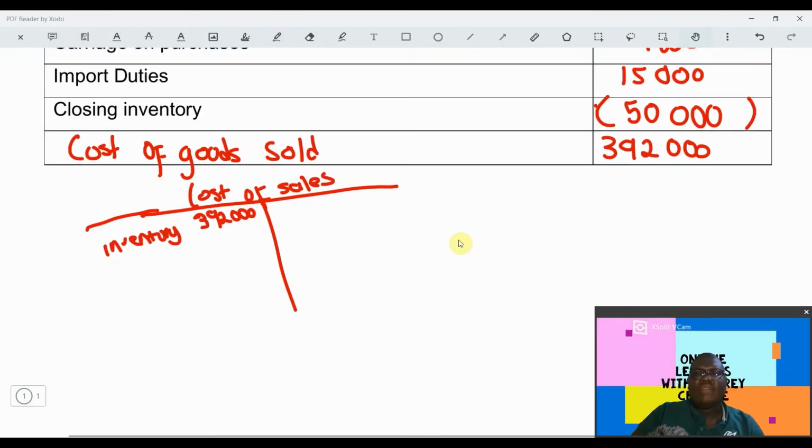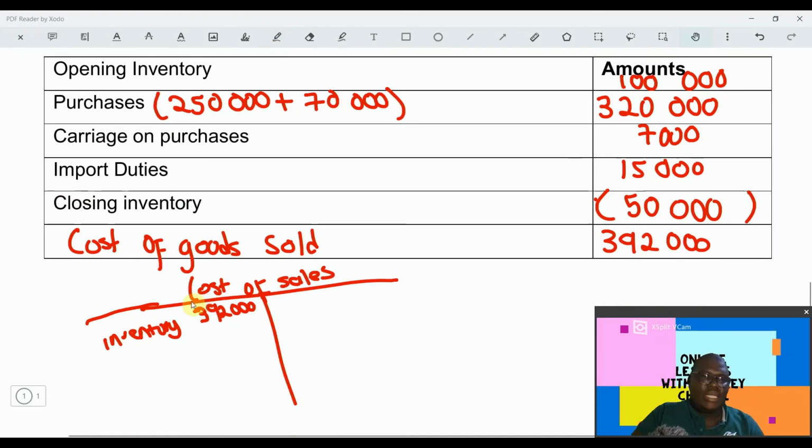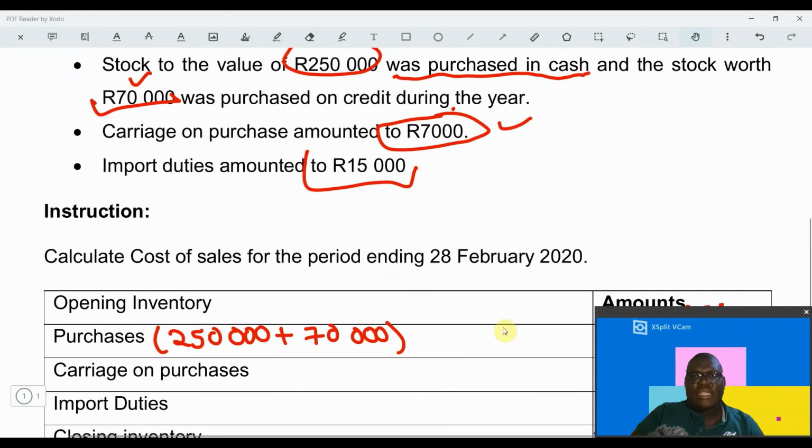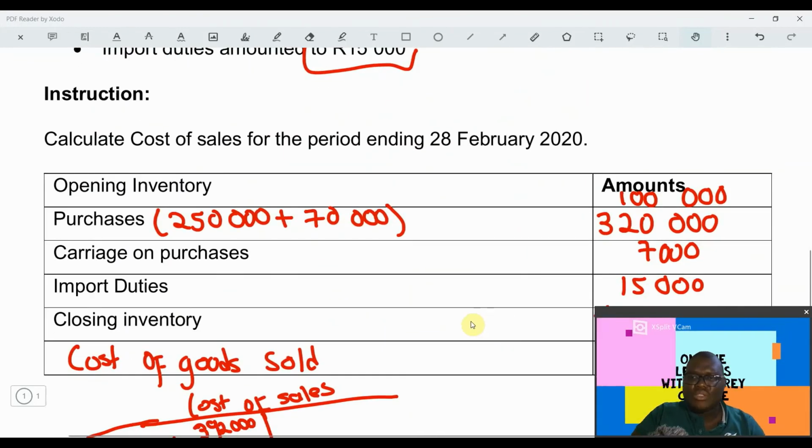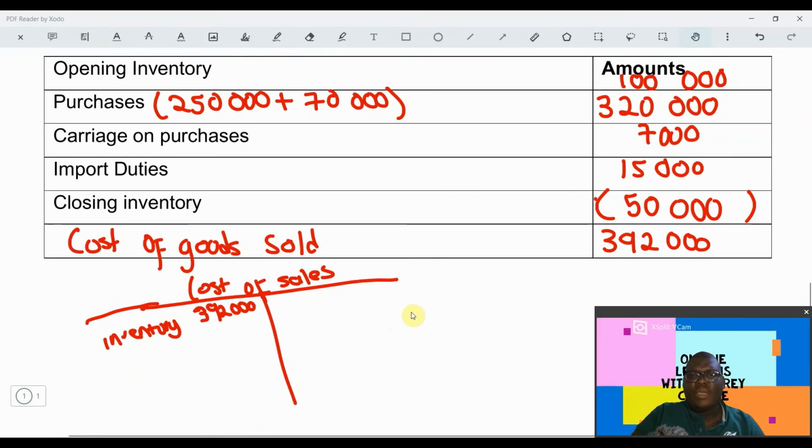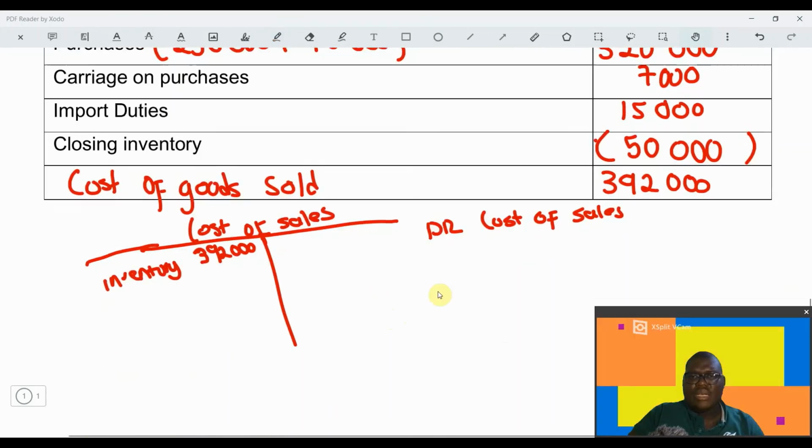And then remember, each and every time, the reason why I'm saying this account will be debited by inventory is because each and every time you are selling goods, stock is leaving. So each and every time we are selling, the stock is affected by debiting cost of sales and crediting inventory.